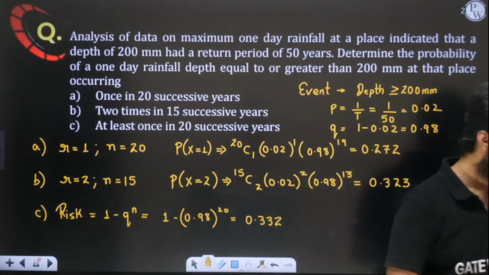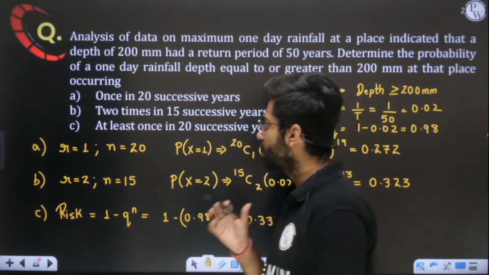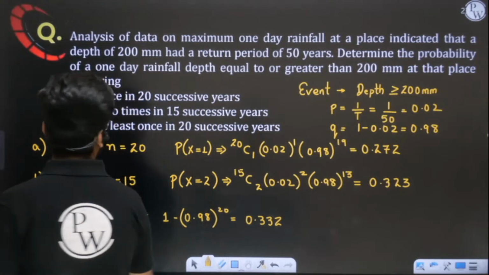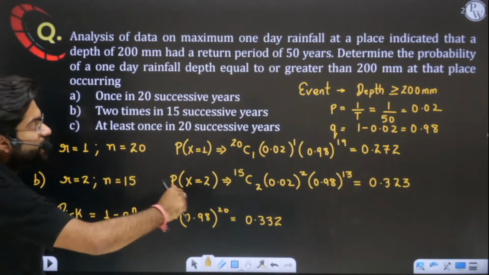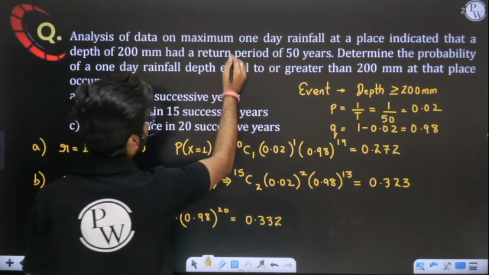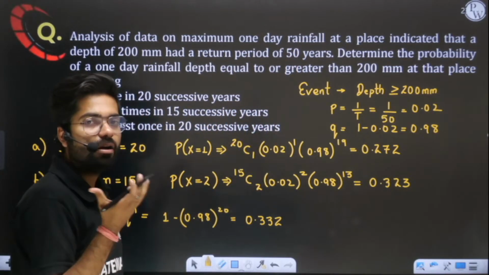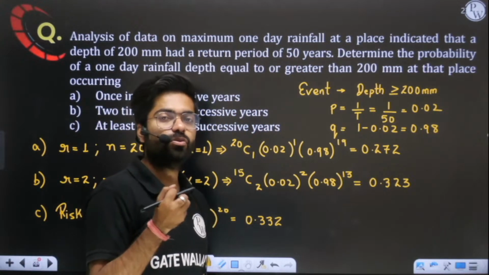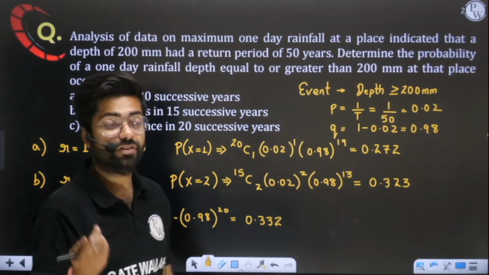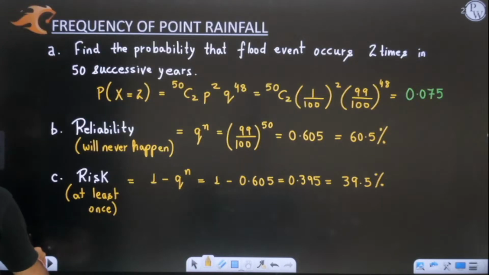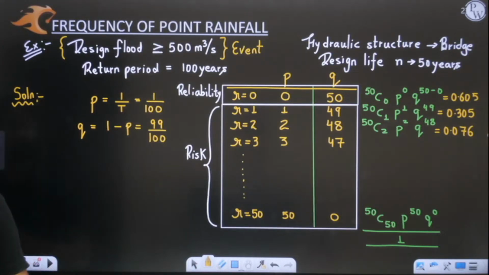Now the question is, how are you exactly able to determine that the return period of such a rainfall event is 50 years? How can we conclude that the return period is exactly 50 years? Listen very carefully.